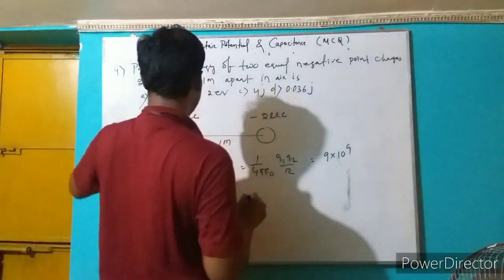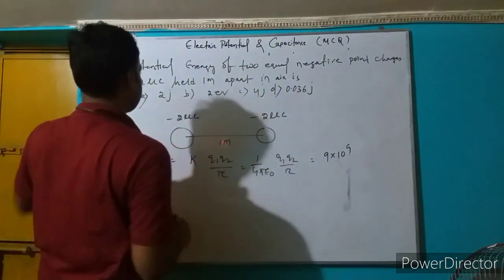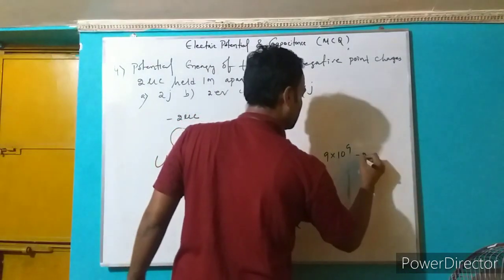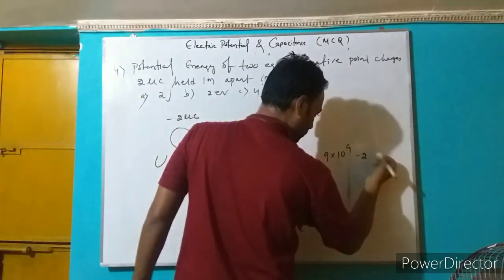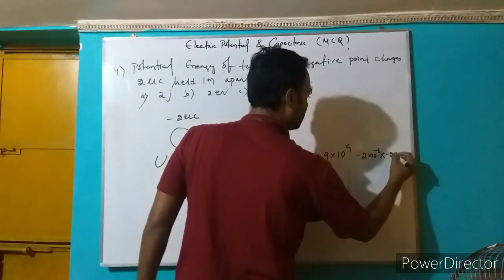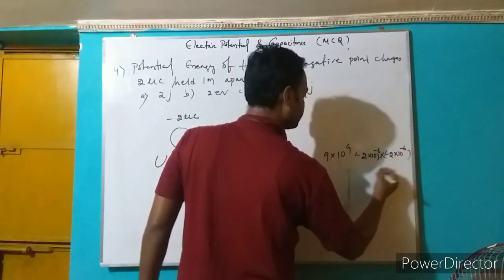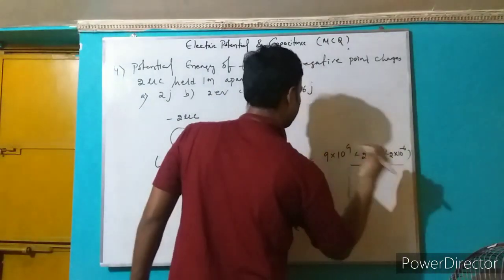Q1 and Q2 are both equal charges, minus 2 microcoulomb, that is minus 2 into 10 to power minus 6 into minus 2 into 10 to power minus 6, divided by R, which is 1 meter.